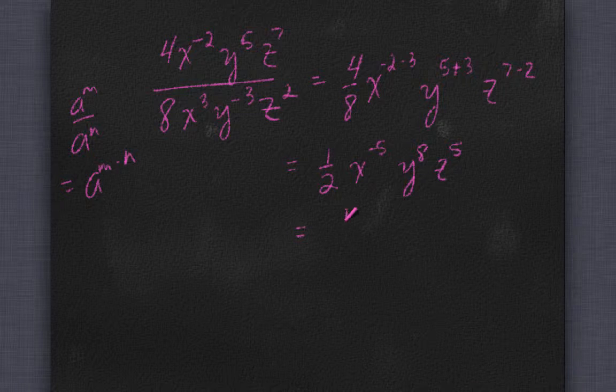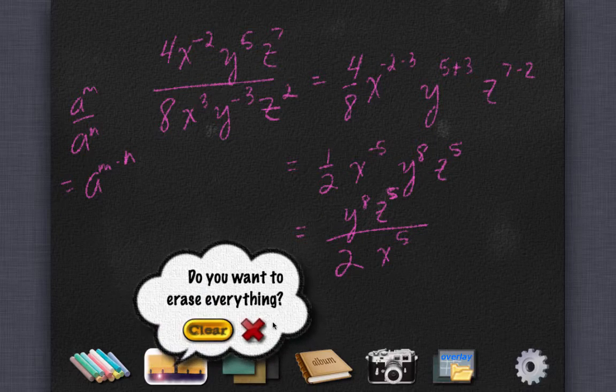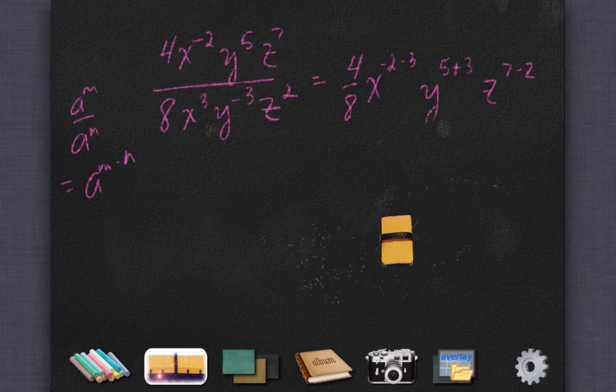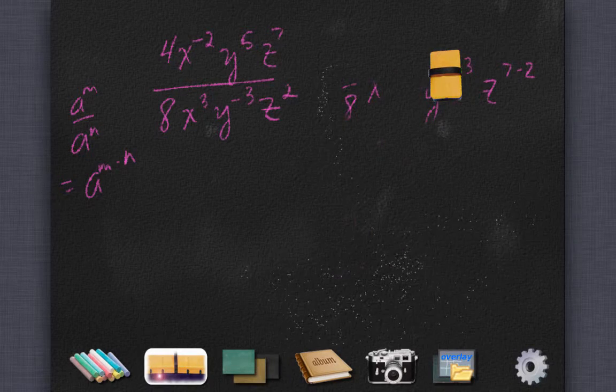So the y to the 8 and the z to the 5 are in the top because they have positive exponents. The 2 is there in the bottom, and so is the x to the 5th. So that's what I would do. You could go through and change everything that has a negative exponent and put it elsewhere.